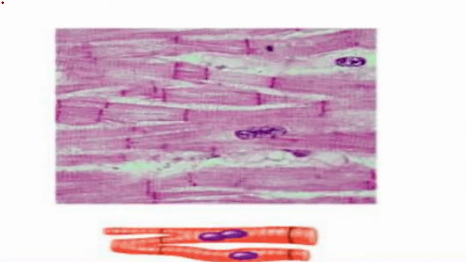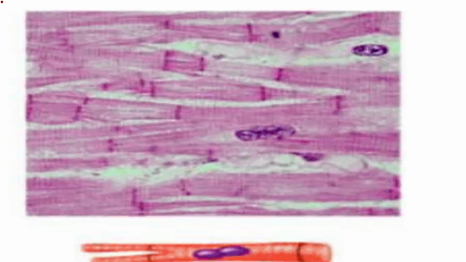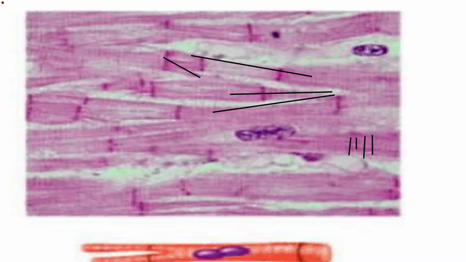Here's cardiac muscle, 1 to 2 centrally located nuclei. You got the intercalated discs, and you can see the striations or stripes there, still running in that same direction. You see the branching that cardiac muscle has. The other ones don't have that. And then we have smooth muscle here.